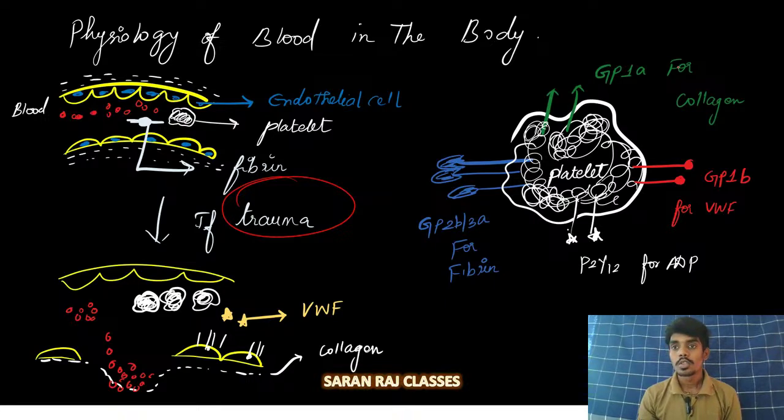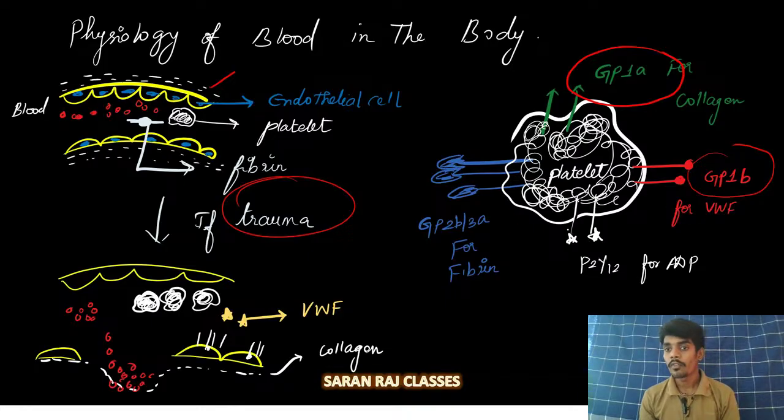This GP1A receptor particularly binds to the collagen area. The platelet also contains another receptor called GP1B. Here we have seen GP1A and here we have seen GP1B. This GP1B binds to the von Willebrand factors that are released by the endothelial cells during the tissue injury.